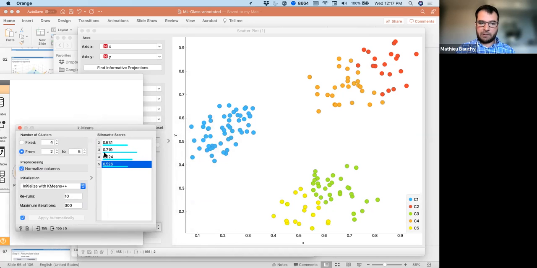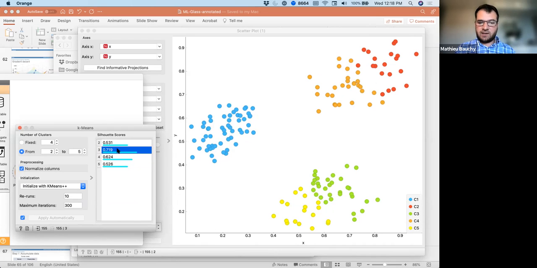And you see, every time I choose a different one, it dynamically changes the prediction. For example, if I say 5 clusters, we find this blue one, this orange one, this red one, this yellow one, and this green one. And then it calculates the silhouette score for each clustering.